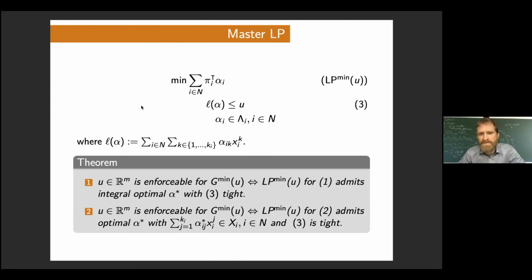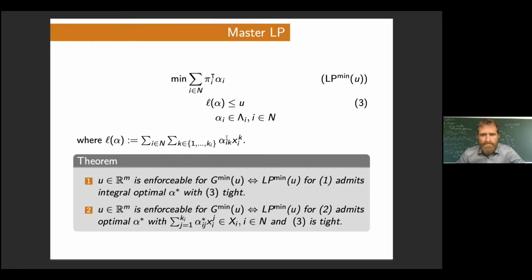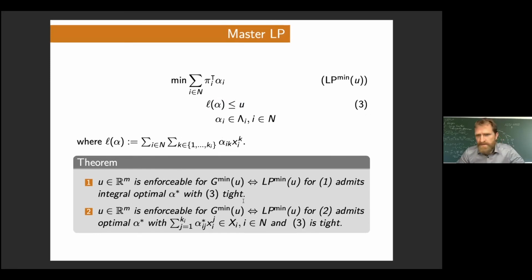And because of this, we get the following theorem. It says U is enforceable for this type of game if and only if this LP now has an integral optimal solution for which this constraint is tight. And in the second case, with this concave extension, we need an optimal LP solution where this optimal solution is, say, primal feasible.